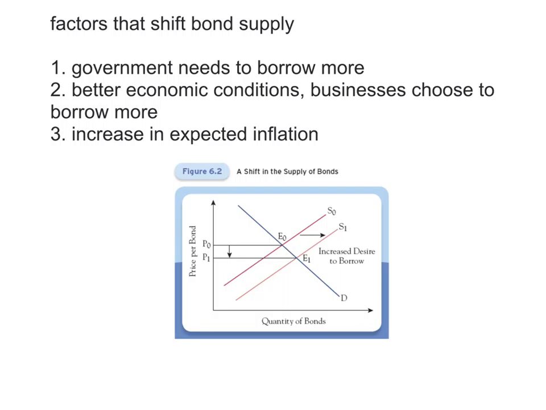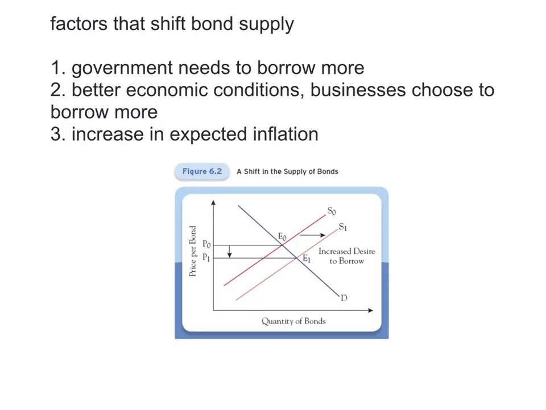So the factors that affect bond supply: one, the obvious one, for US Treasury bonds. If the US government needs to borrow more, it creates more new Treasury bonds and puts them out to auction and injects those bonds into the market. So that would cause the supply curve to move to the right.